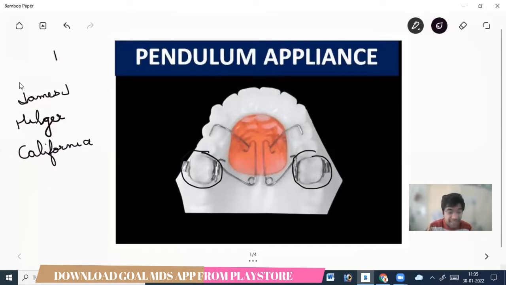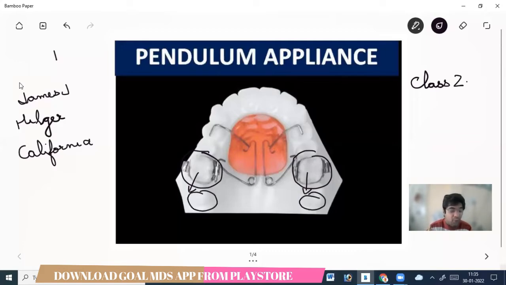It is an excellent technique to correct class 2 malocclusion without resort to extraction. So remember, this distalization is more efficient before the upper second molar has erupted.